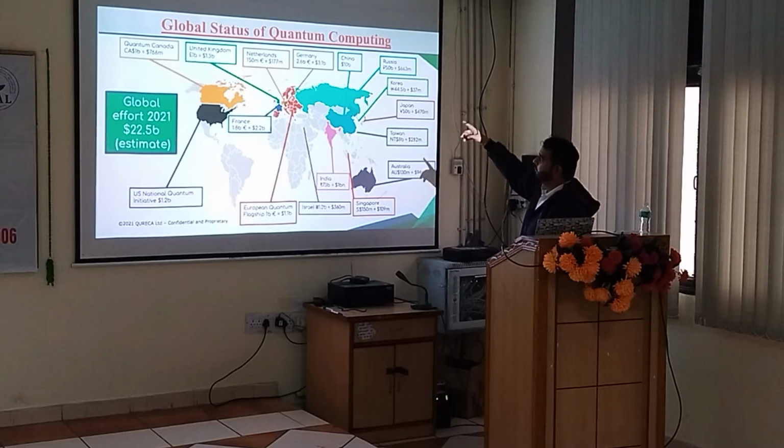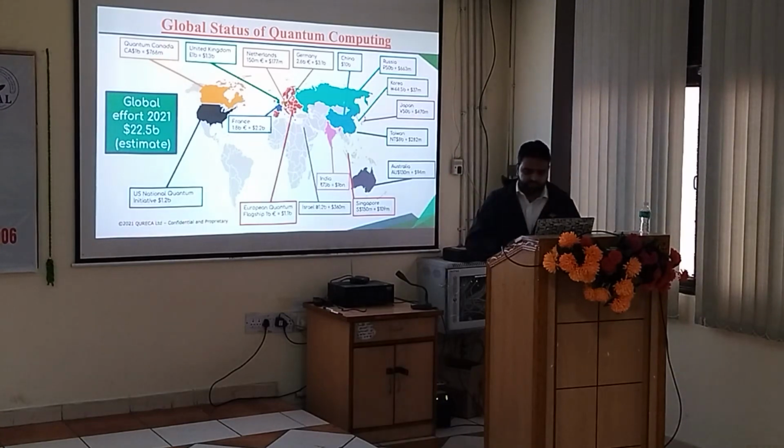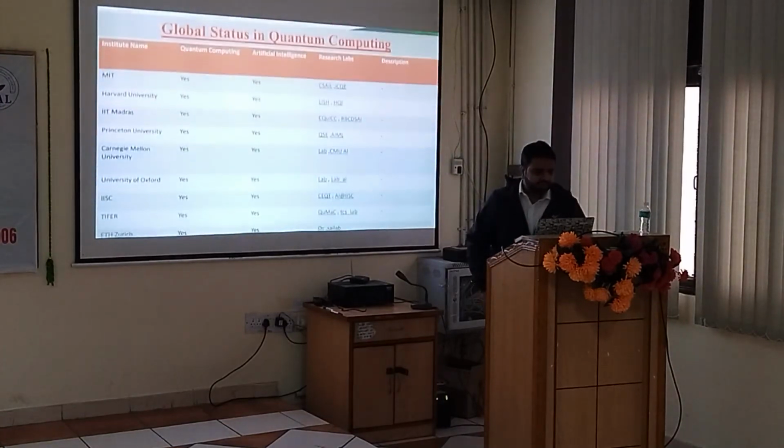China has spent nearly $10 billion in developing quantum computers. So the global estimated effort for quantum computing development is $22.5 billion. This is an illustrative view of how the funds are utilized across the world for development of quantum computers.